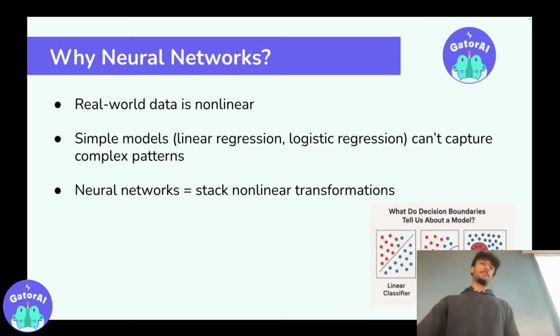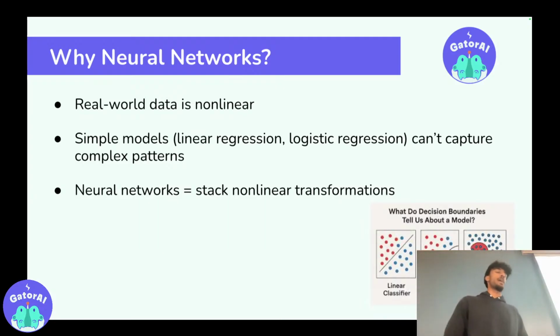So, why neural networks? Why do we even need them in the first place? Because real-world data is rarely ever neat or linear. Think about faces, detecting spam, predicting stock prices. None of them are actually linear. None of these relationships can be determined through a straight line, for example. Traditional models like linear regression and logistic regression are like trying to draw a straight line through a tangled ball of yarn.